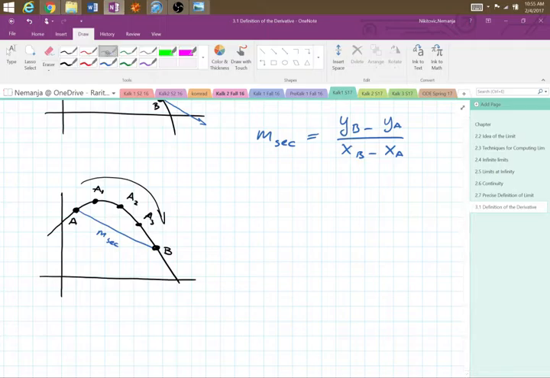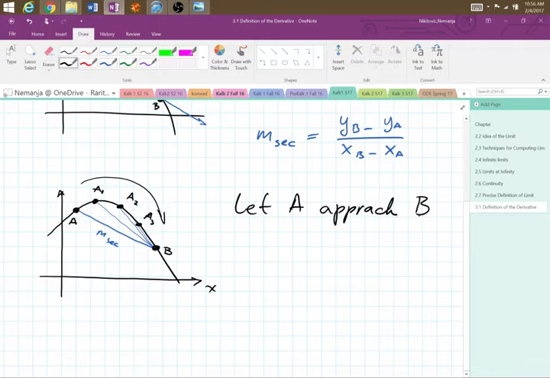And each one of these will have its own secant line connecting the new location of the point to the point B. So what's happening here is that the point A is traveling. So let A approach B. Now we know that the notation is A goes to B with the arrow under the limit. So it's calculus, it's motion, right? Things are changing. So we're still in the realm of calculus.